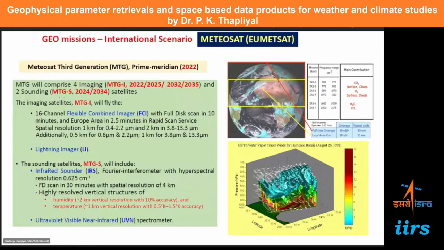So for the first time you will have a hyperspectral sounder on board a geostationary satellite, which will provide you 3-dimensional wind, because for wind you want continuous imagery from water vapor or thermal infrared. Now this hyperspectral sounder will provide you water vapor imagery of different layers. So from that you can generate wind vectors over different layers in the atmosphere, and that will be very important for cyclogenesis.